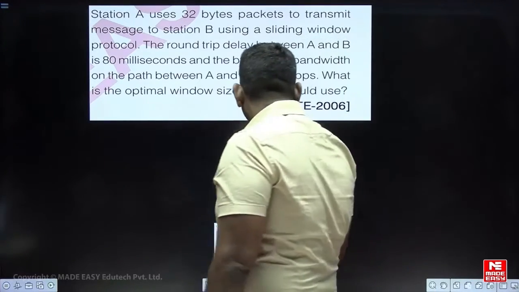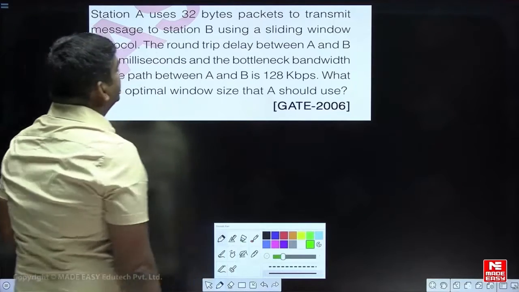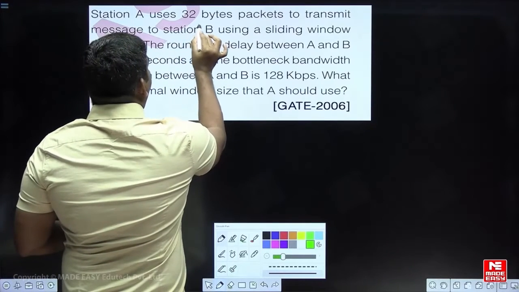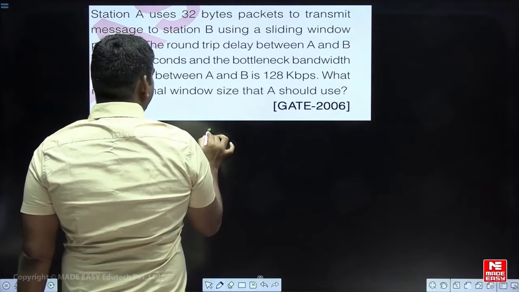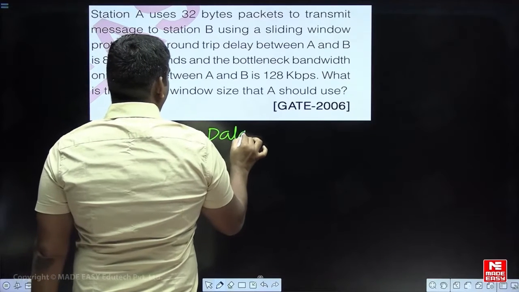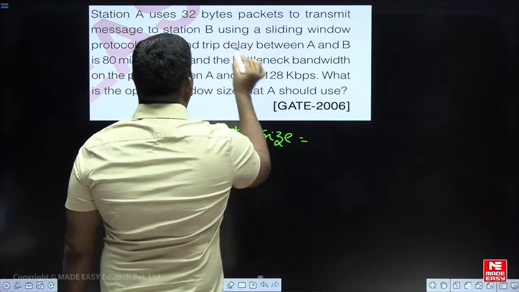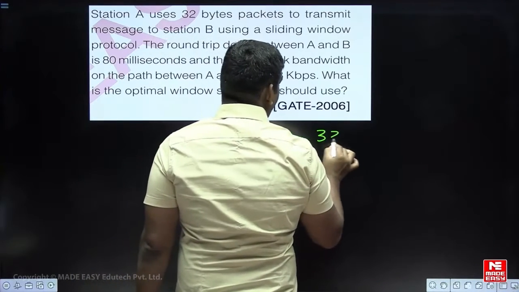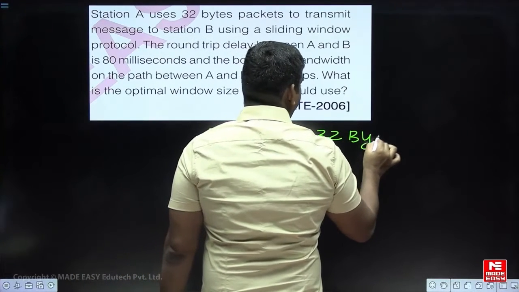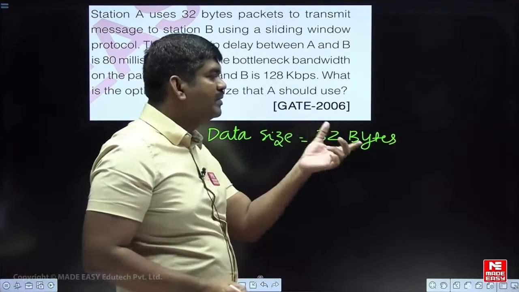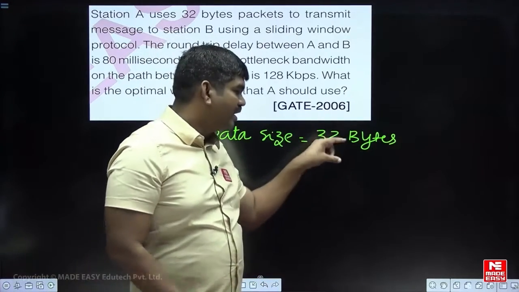Okay. Now see, based on that, the simple question they have given: station A uses a 32-byte packet. You can observe here, the data size they have given in this problem, the unit size is 32 bytes, meaning one single unit is 32 bytes. When you are transmitting this unit during transmission, you will call it unacknowledged.